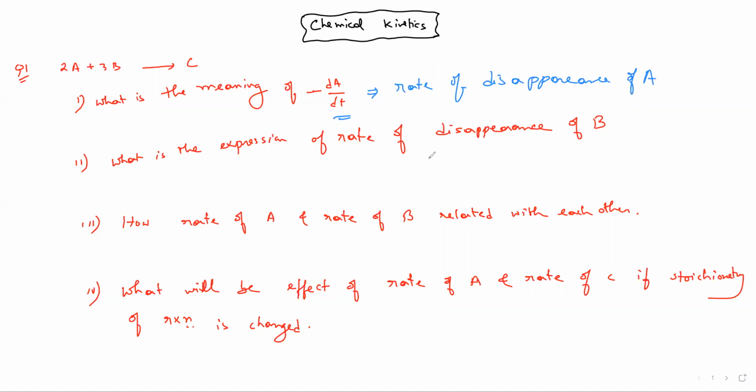Done. What is the expression for rate of disappearance of B? Minus dB by dt. How are rate of A and B related to each other? Just write the expression: 1 by 2 minus dA by dt equals 1 by 3 minus dB by dt.